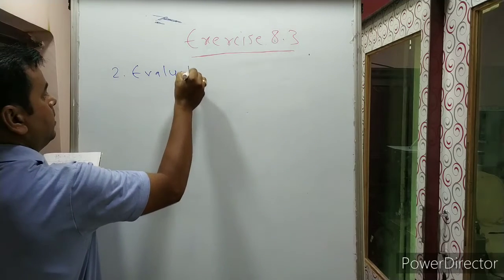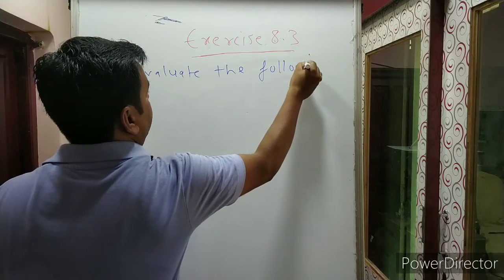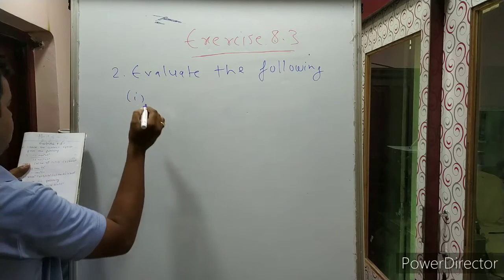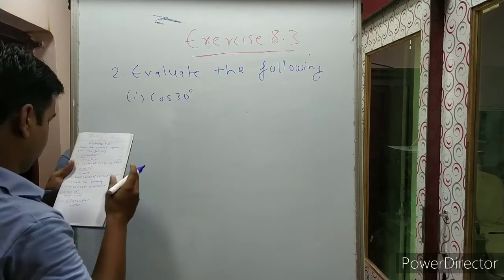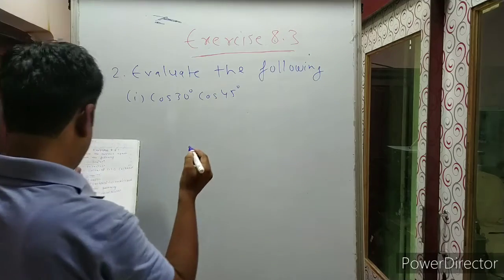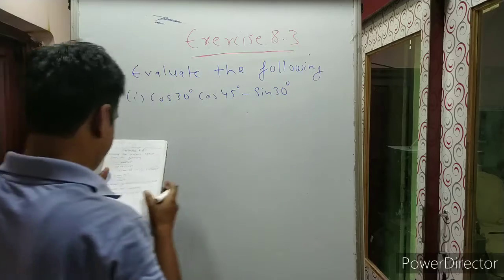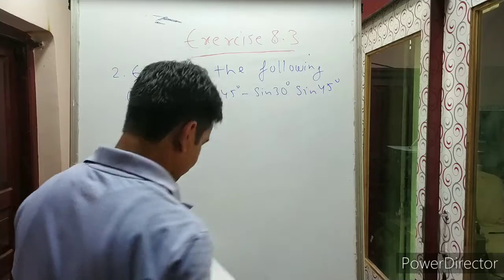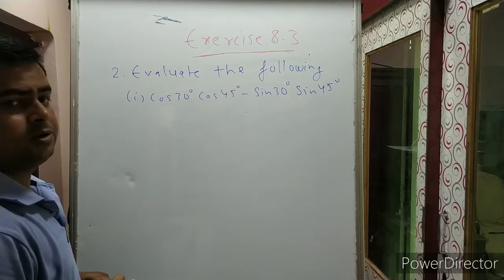Evaluate the following. First one is cos 30 degree, cos 45 degree minus sin 30 degree, sin 45 degree. Okay. For this we need to again prepare a value chart.